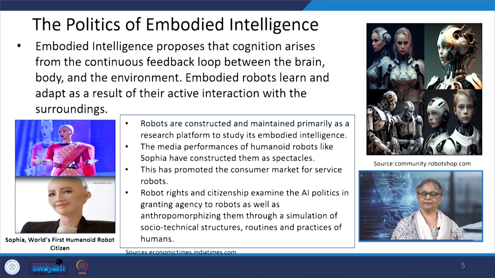So, these issues examine the AI politics in granting agency to robots as well as anthropomorphizing them through a simulation of socio technical structures, routines, and practices of humans. Robots are primarily constructed and maintained as a research platform to study its embodied intelligence.